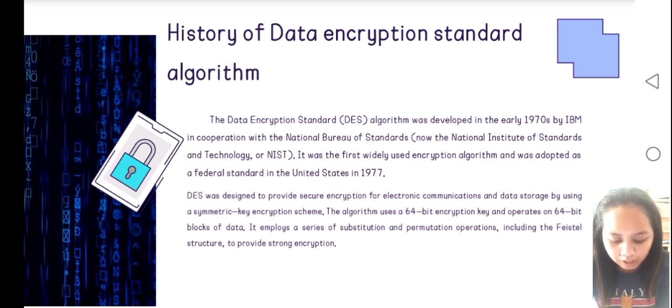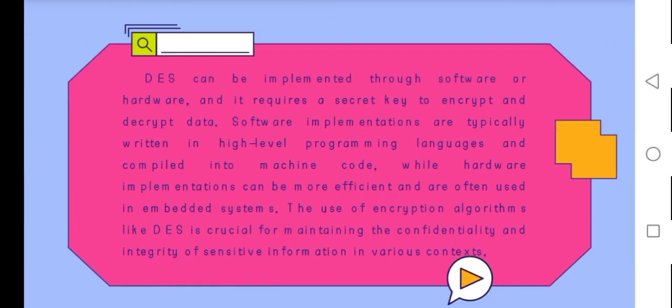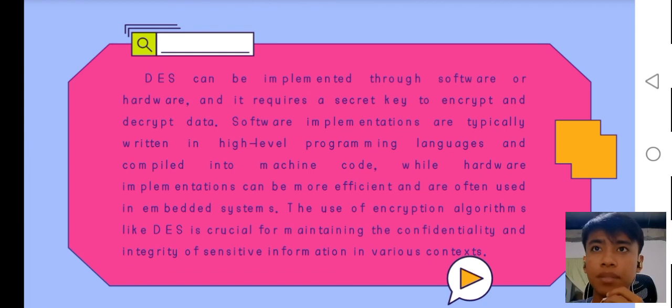scheme. The algorithm uses a 64-bit encryption key and operates on 64-bit blocks of data. It employs a series of substitution and permutation operations, including the Feistel structure, to provide strong encryption. DES can be implemented through software or hardware, and it requires a secret key to encrypt and decrypt data.